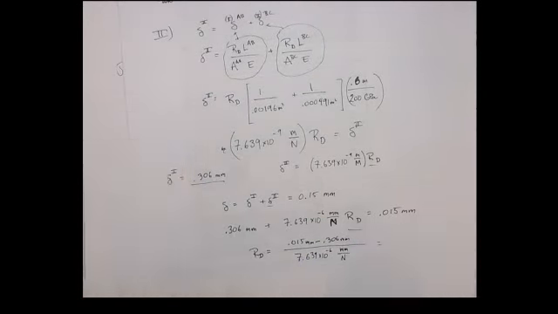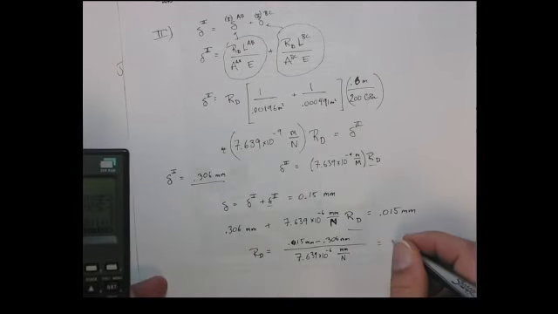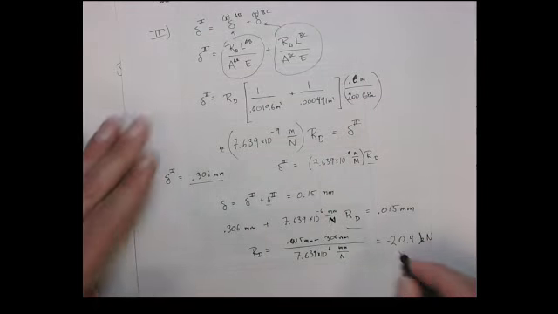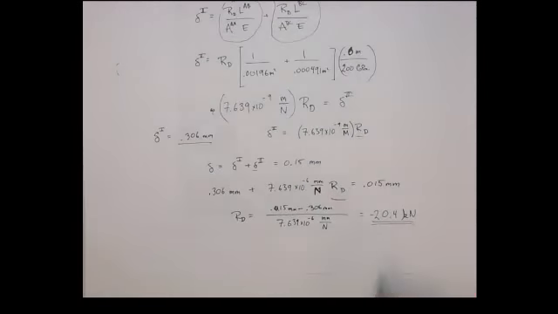So this result will be in newtons. 0.15 minus 0.306 is a negative 0.156, and then 7.639 to the minus 6. We divide, and that becomes minus 20.4 kilonewtons, okay? So that's the reaction at D. It's the unknown reaction at D.